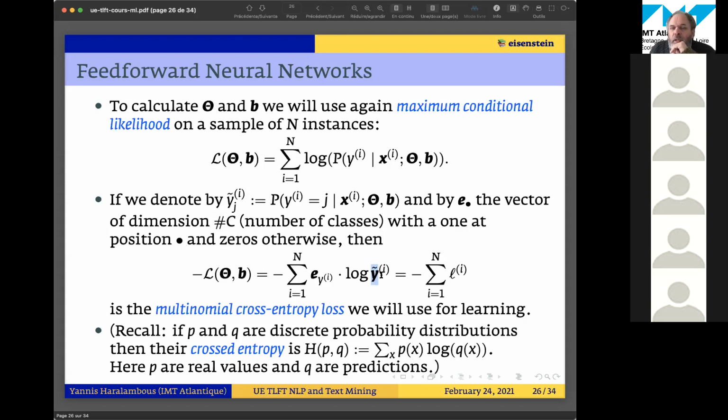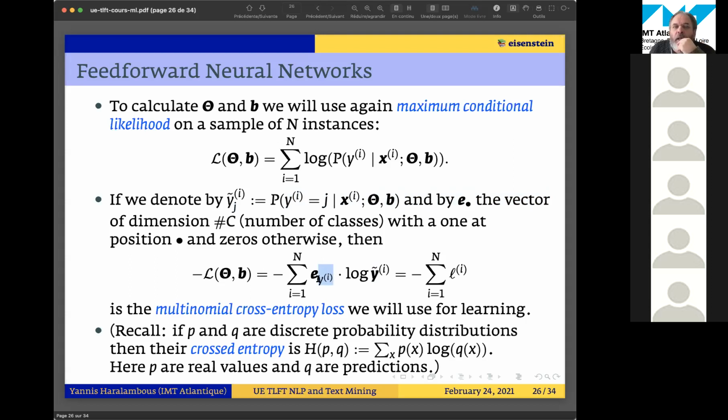I don't write the J because it's a component. And I'm interested in the component for which I have the real class of individual I. That component is the component yi.